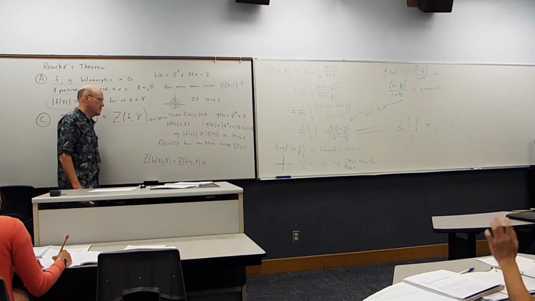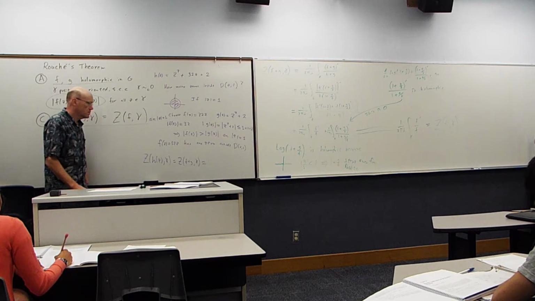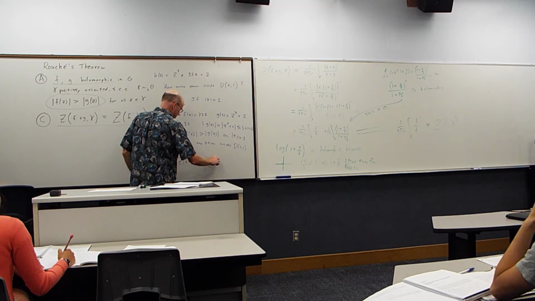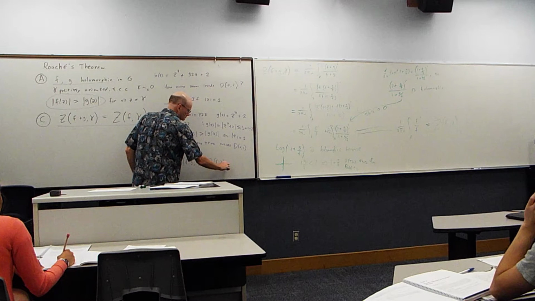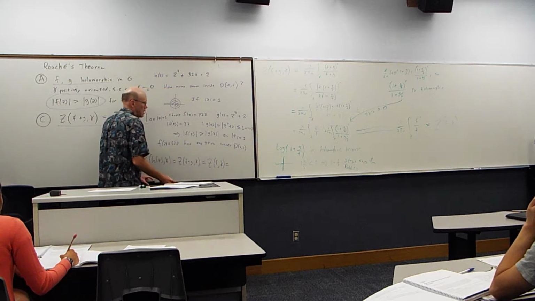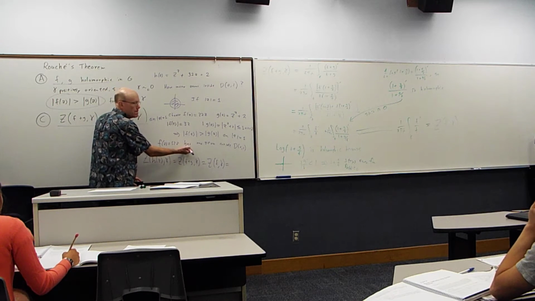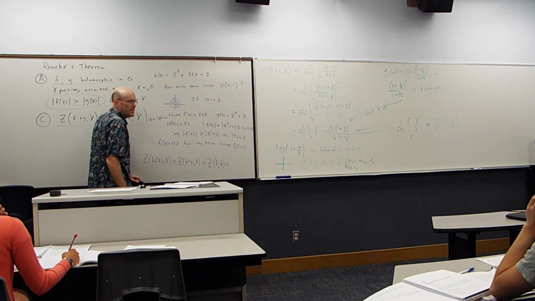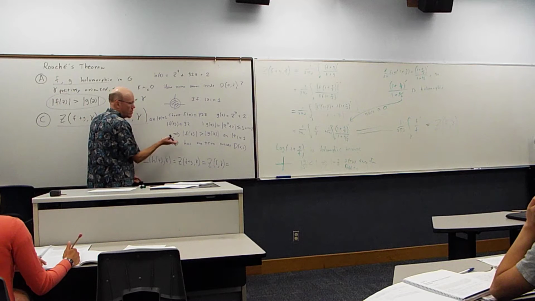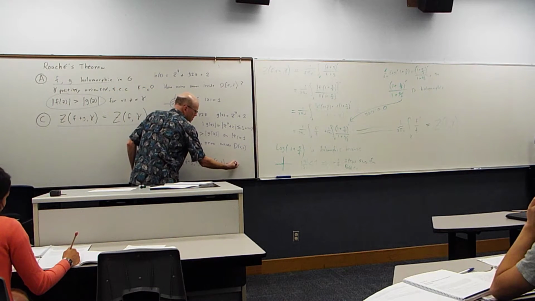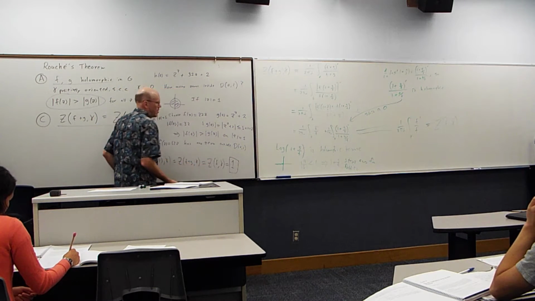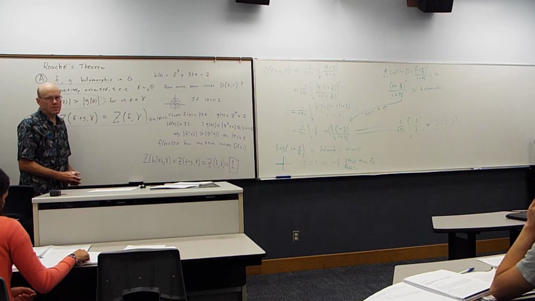So how many is that going to be? How many zeros will it have? They'll have the same number as f, right? Which is how many again? Yeah, just 1. Because f had just 1 zero inside, so f plus g also had just 1 zero inside.